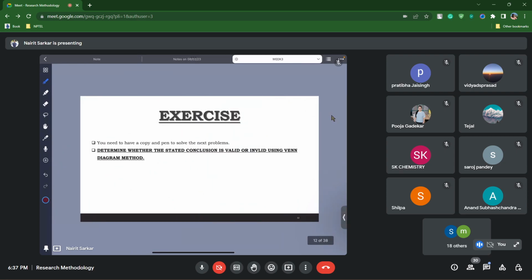For the exercise section, you need a copy and pen. Okay, so I'll wait for 1 or 2 minutes, and everyone should have a copy and pen at least to answer the exercise problems.